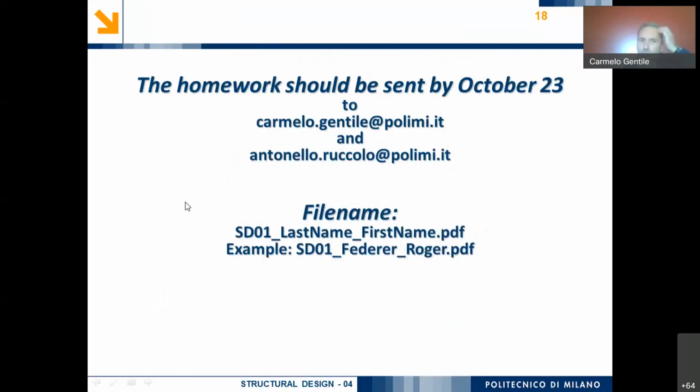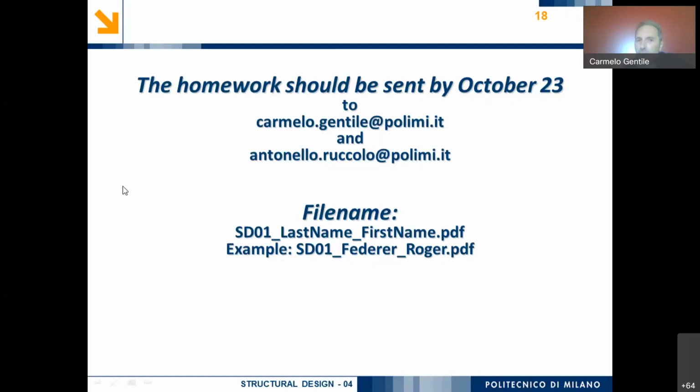Of course, you are asked to solve this homework by October 23, okay? And to send the solution both to myself, carmelo.gentile@polimi.it, and to Antonello Ruccolo, antonello.ruccolo.polimi.it. Please don't be lazy. We kindly ask you to generate your homework in a PDF file and to send us the PDF file.